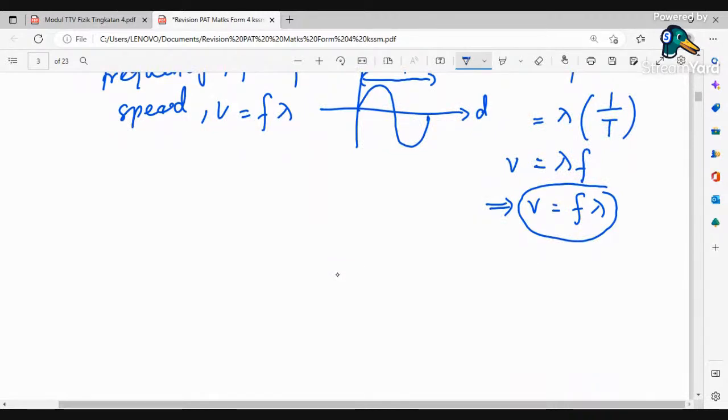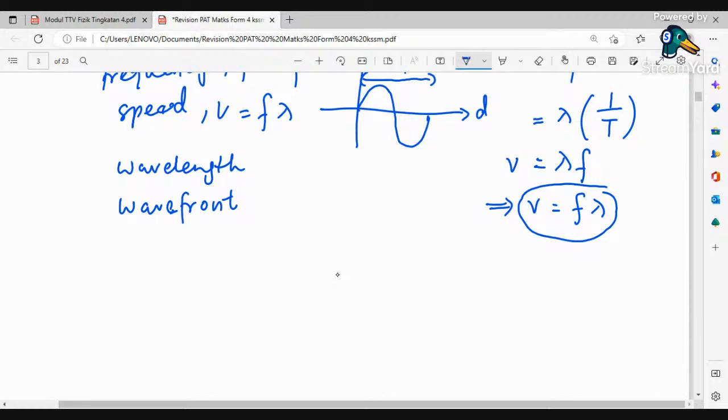And then another important terms like wavelength and wavefront. You must know the definition. Wavelength is the distance between two adjacent crests or two adjacent troughs, or the distance between two consecutive points which are in phase.